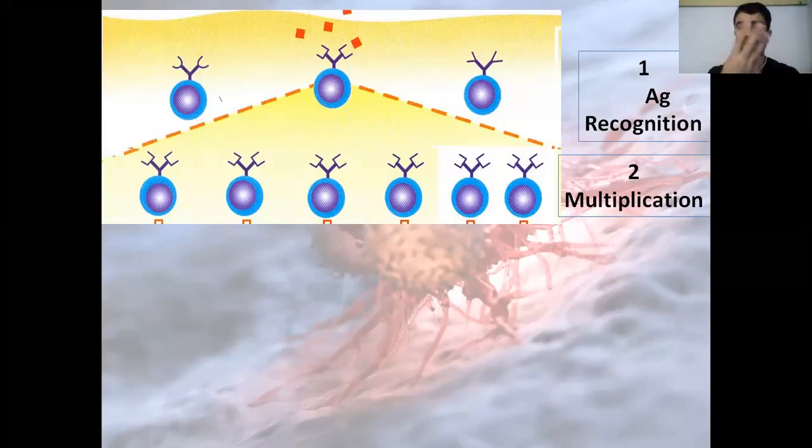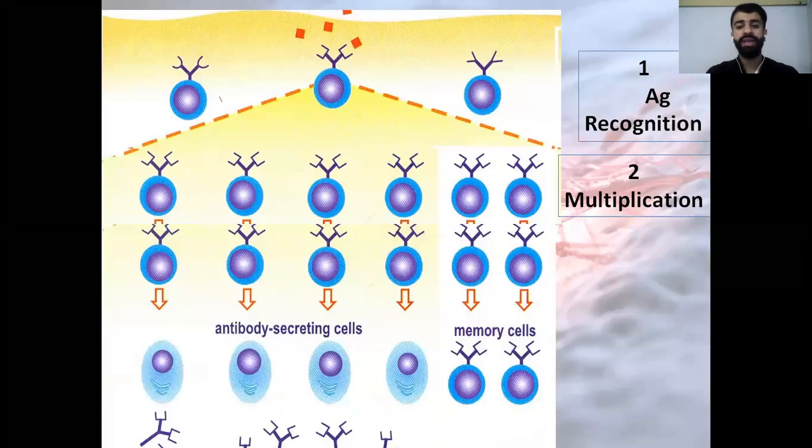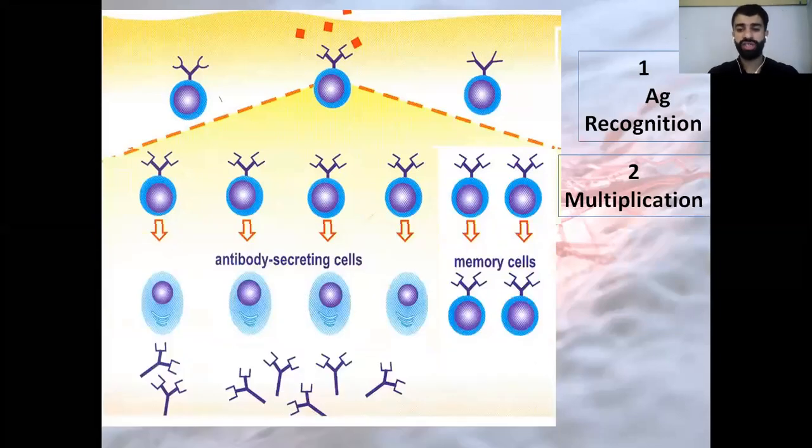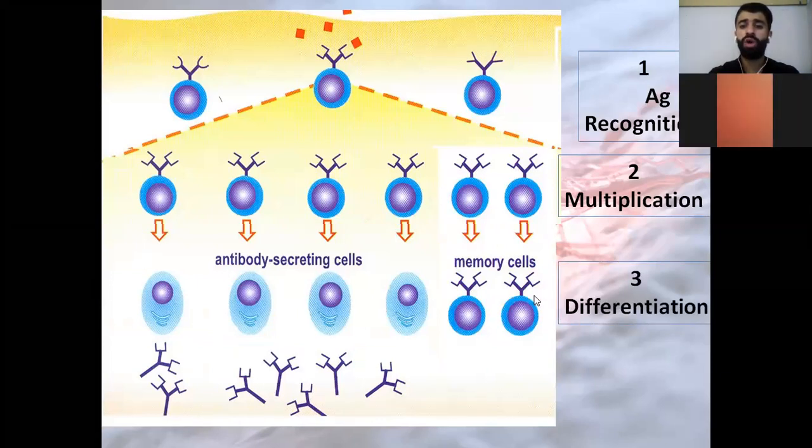These three terms all have the same meaning, meaning an increase in number. And then we have differentiation into either effector cells or memory cells. And we will see what the role of the memory cells is.